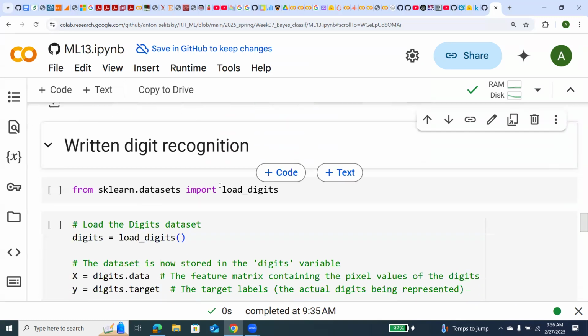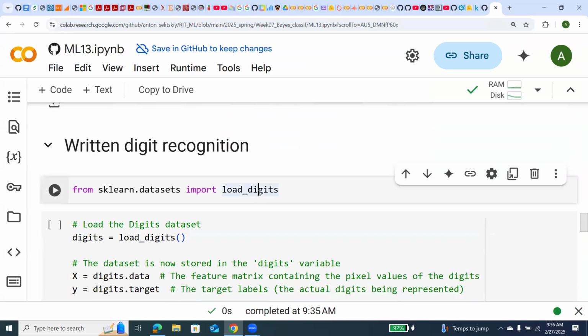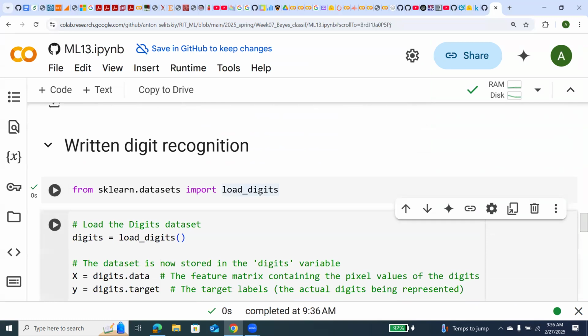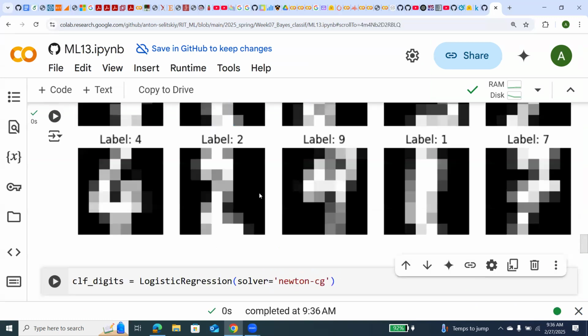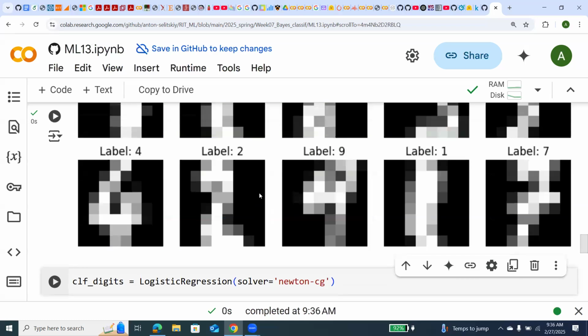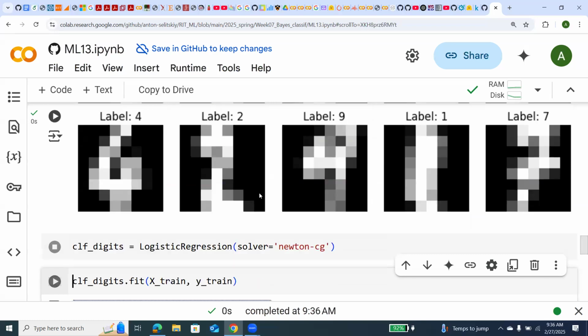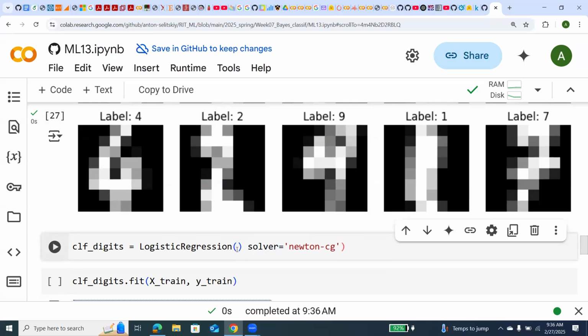So there is one more example for handwritten digit recognition. The NIST data set with 8 by 8 pixel digits. You can represent them with a long vector of size 64 and tune the logistic regression, but you know it has different solvers.